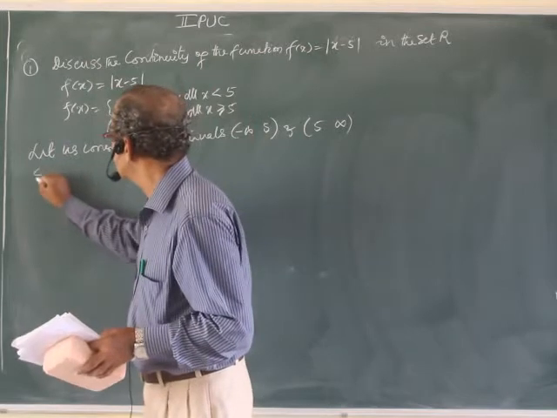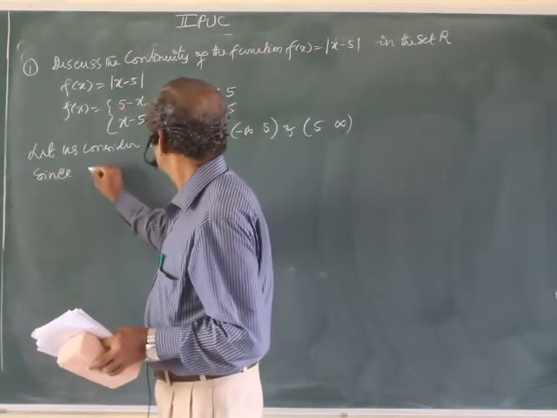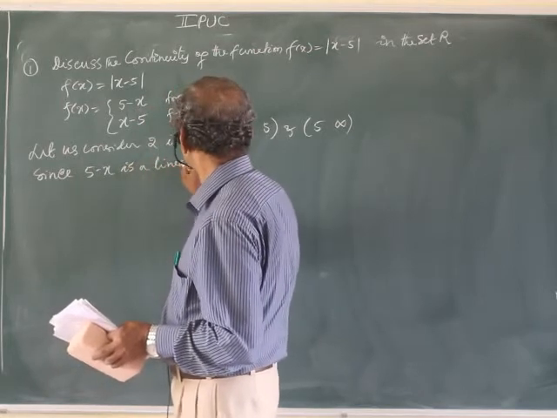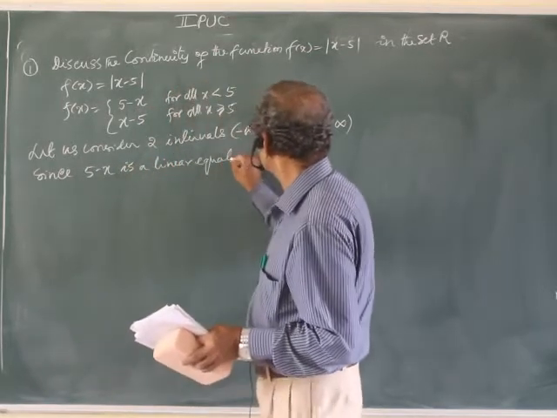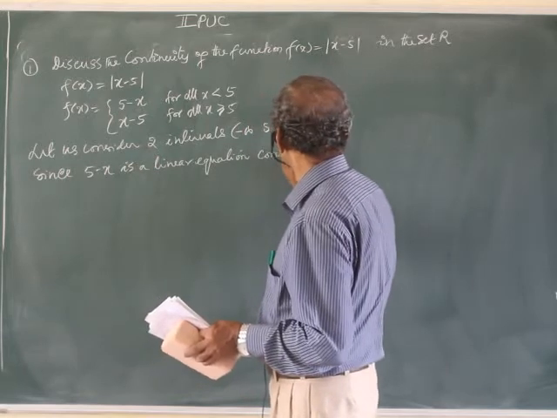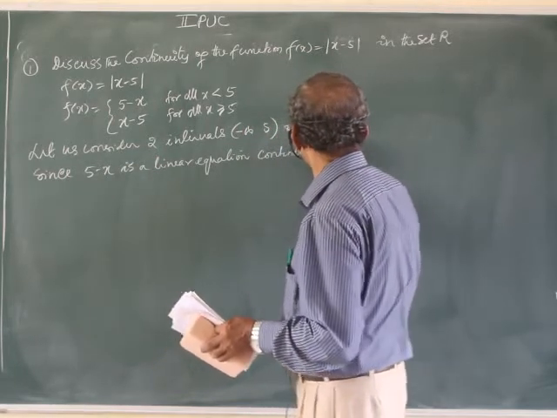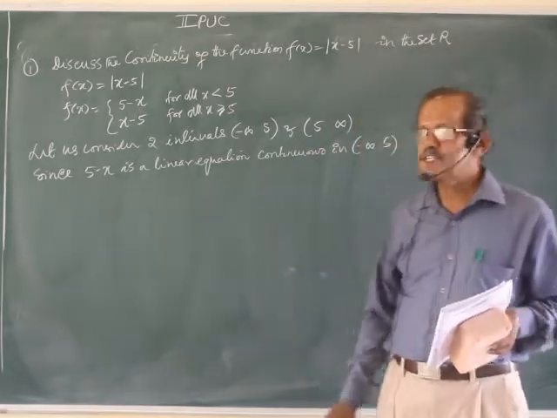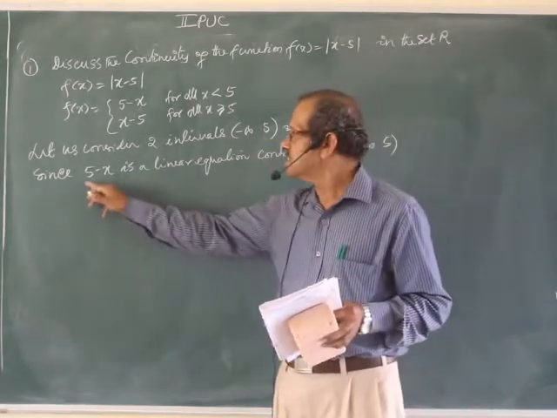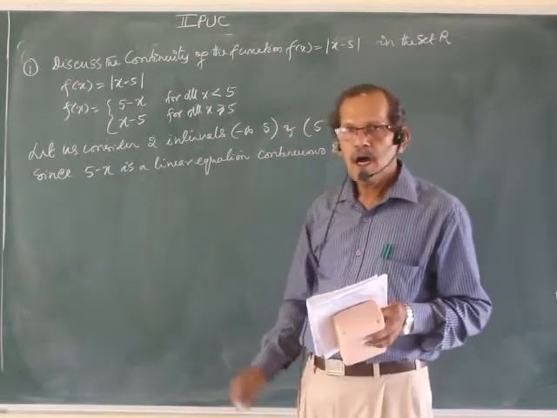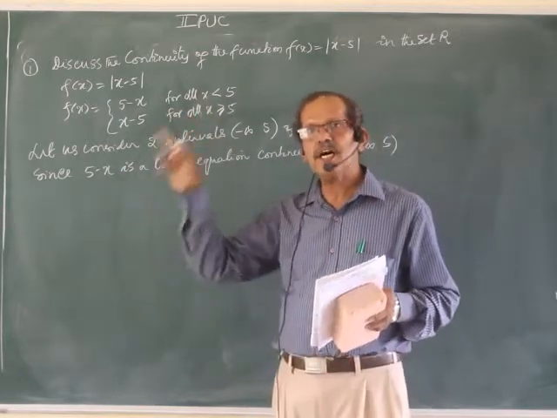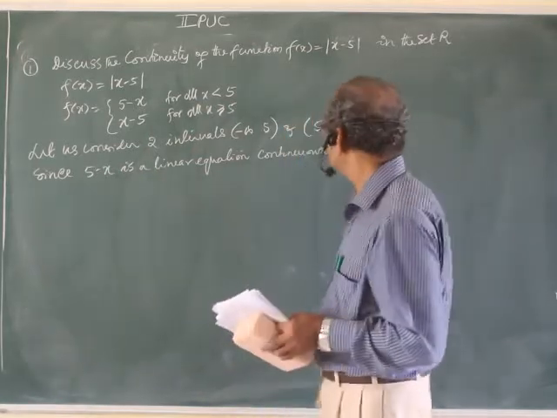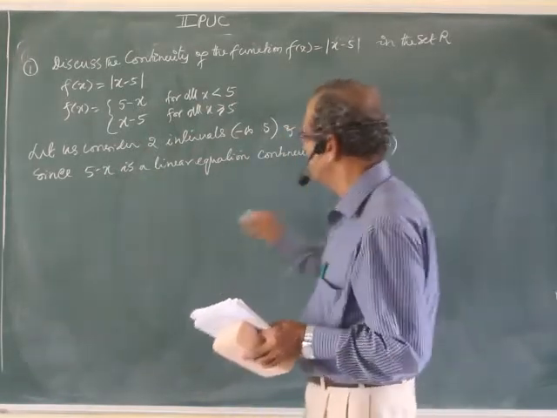Since 5 minus x is a linear equation, it is continuous in minus infinity to 5. Why should I write all the limits and other things? Just now we know all the polynomial functions are continuous. Linear equation means a polynomial. Continuous in this interval.